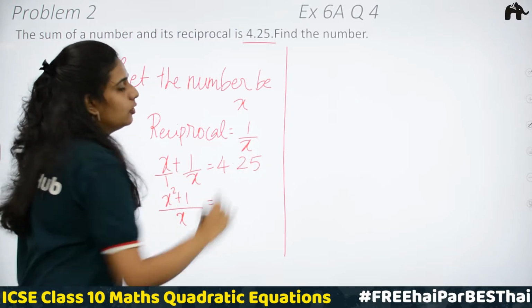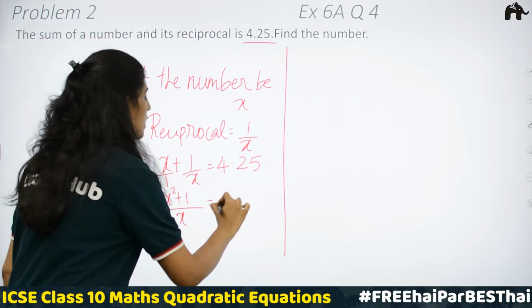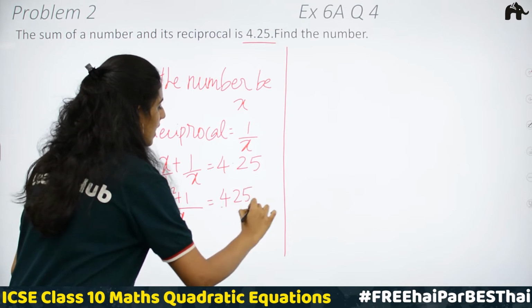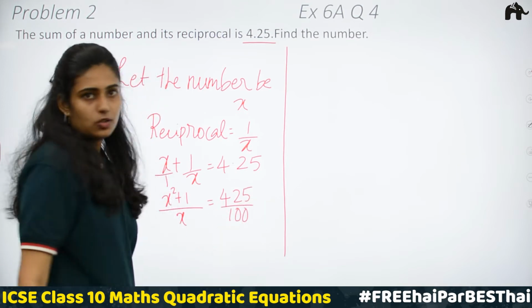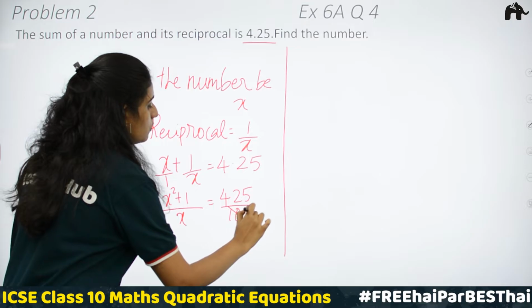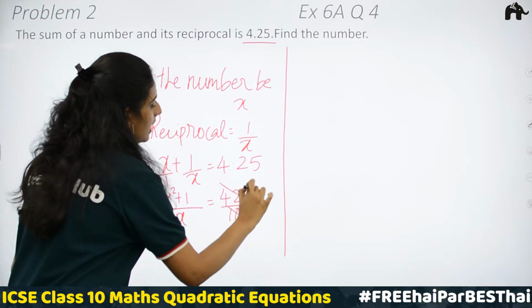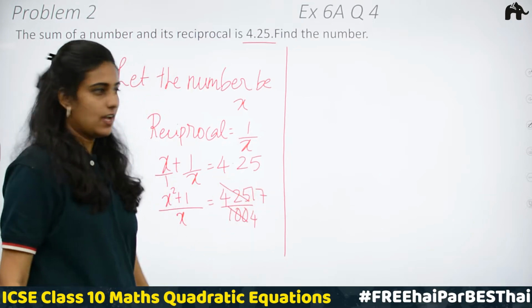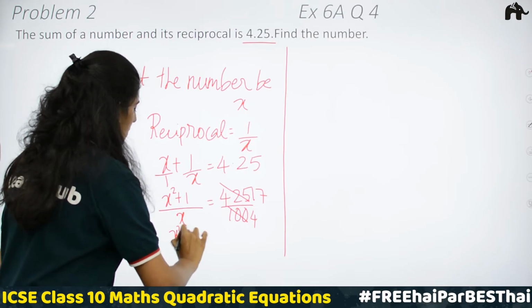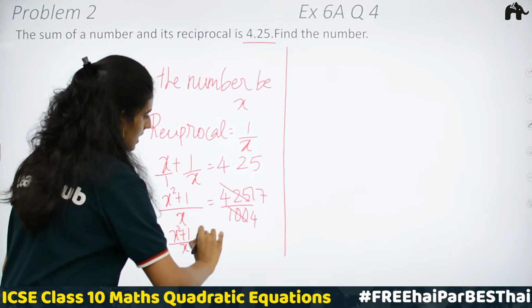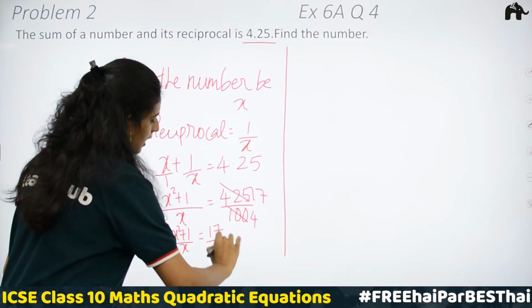This is equal to 4.25, which can be written as 425 divided by 100. 25 into 4 is 100, 25 into 17 is 425. That is x square plus 1 divided by x is equal to 17 divided by 4.